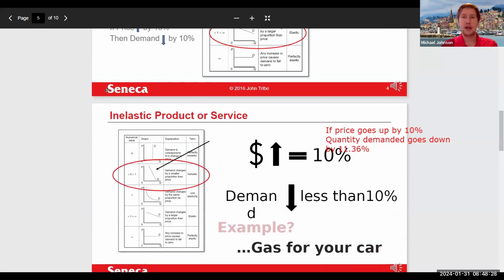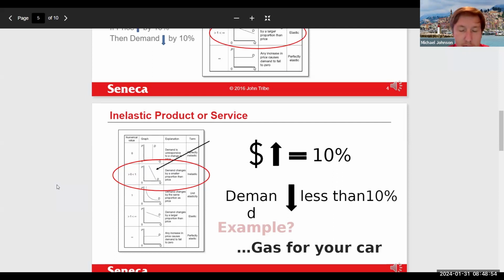In this case, if price goes up by 10% and quantity demanded goes down by less than 10%, an example would be gas for your car. If the quantity demanded goes down by a smaller percentage than the price increase, then it's a need, because you're still going to buy a lot of it.